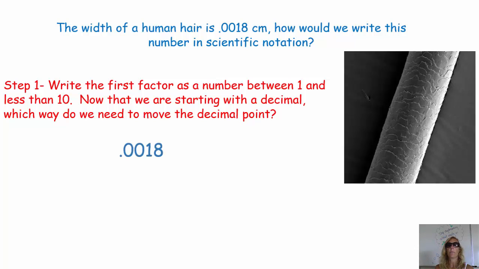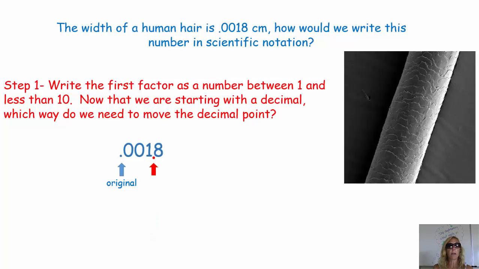Here's our original decimal, 0.0018. Notice where the original decimal is. It's in front of that first 0. Now, where would we have to move that decimal point in order for that number to be between 1 and less than 10? Well, we'd have to move it between the 1 and the 8 because 1.8 falls between 1 and less than 10.